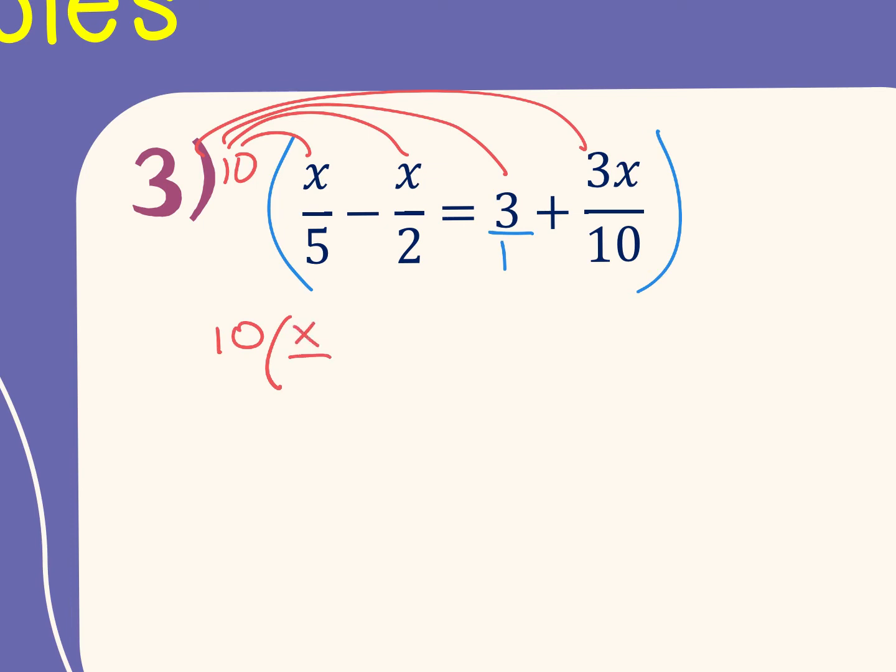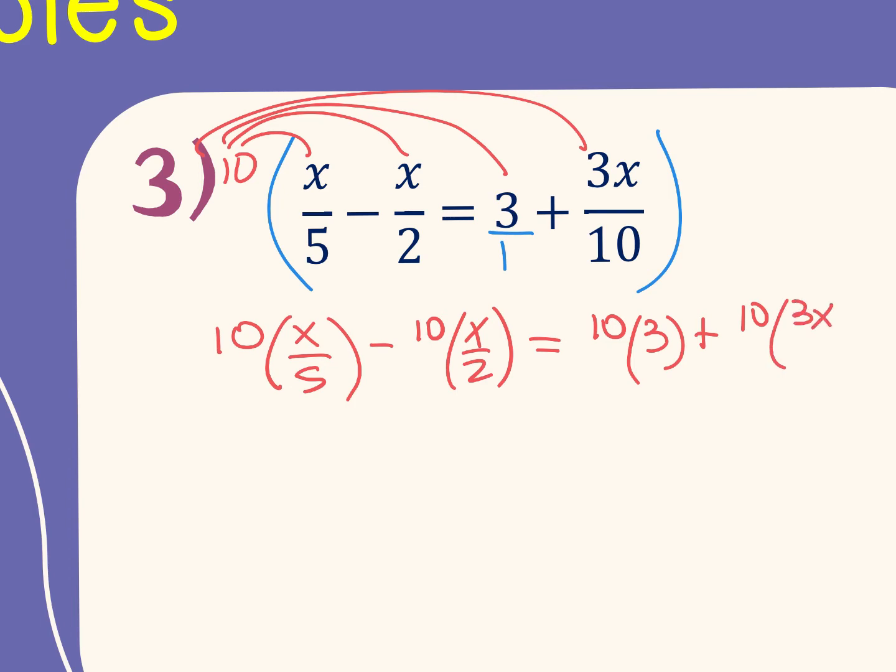So 10 times x over 5, minus 10 times x over 2, 10 times 3, plus 10 times 3x over 10. Again, simplify, and this becomes 2x.